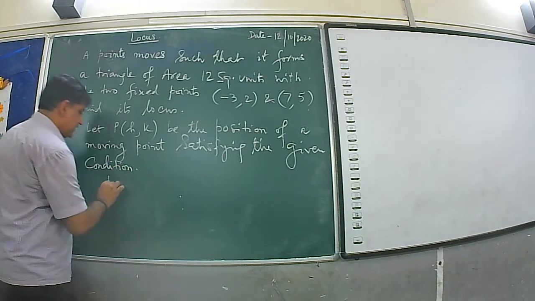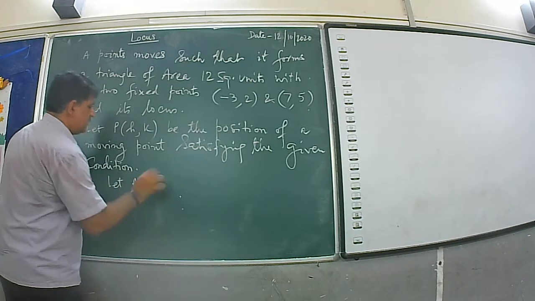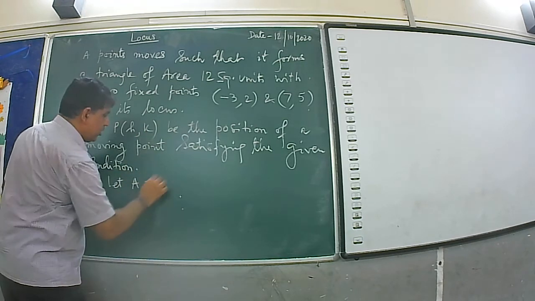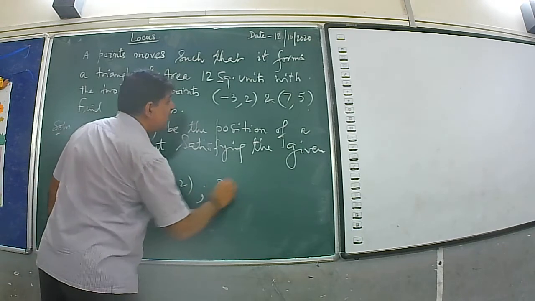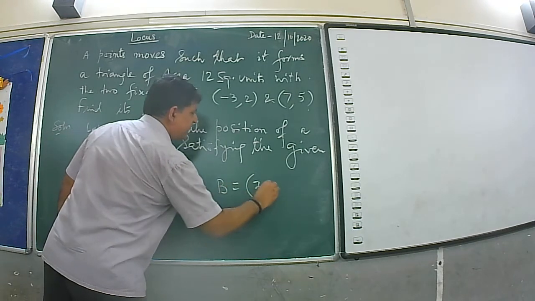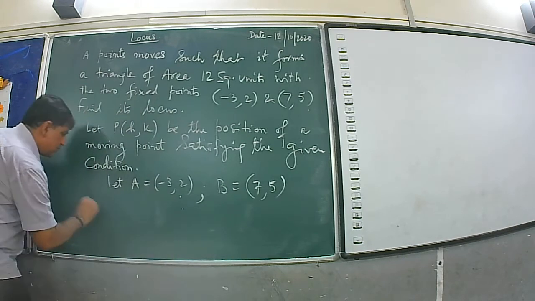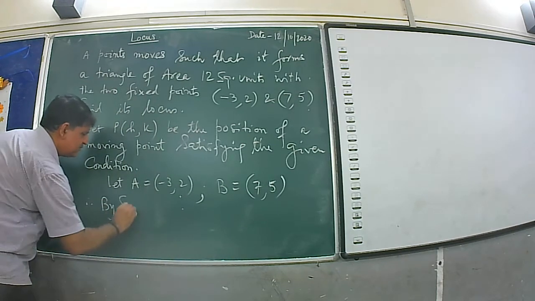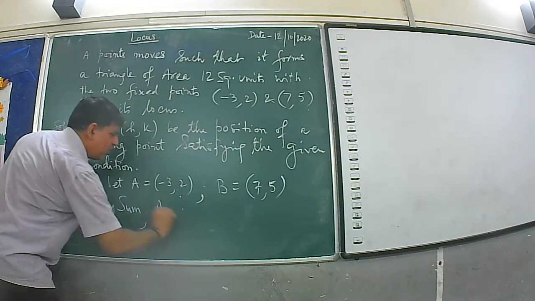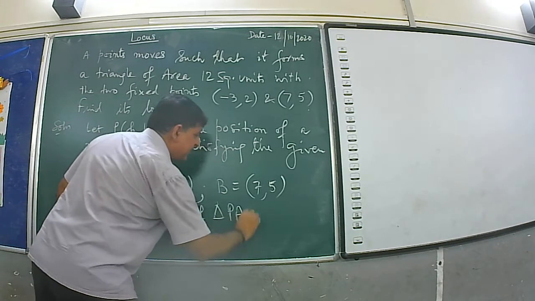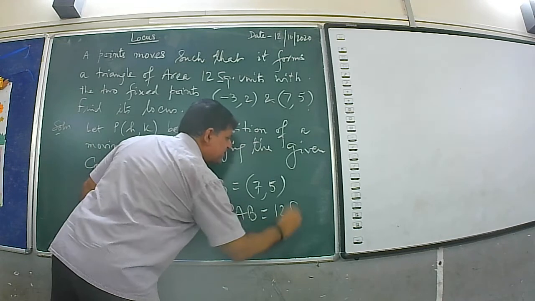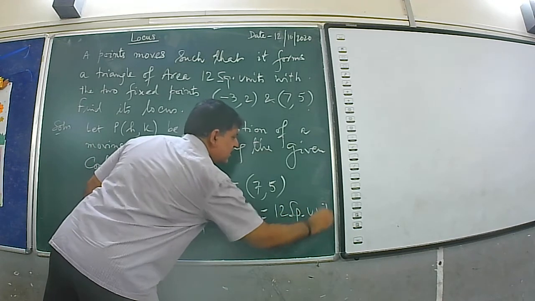Let A = (-3, 2), B = (7, 5). Therefore, by the given condition, area of triangle PAB is equal to 12 square units.